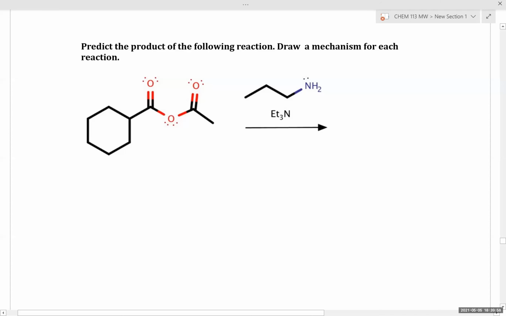Are there any questions I can address as we work through this example? Would anyone like to share their proposed mechanism on the class whiteboard?